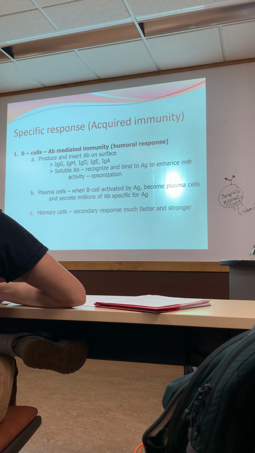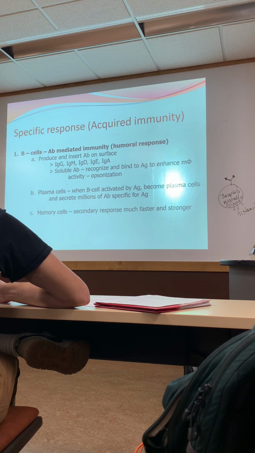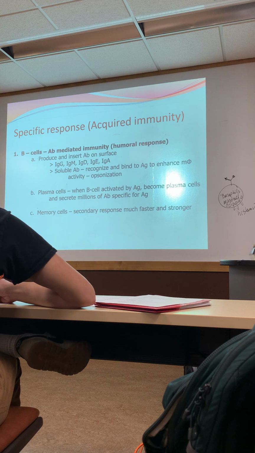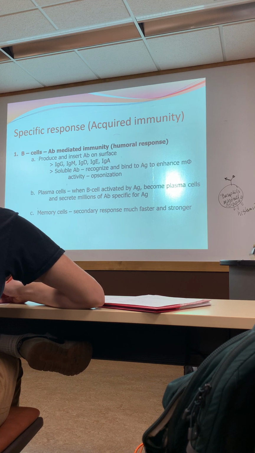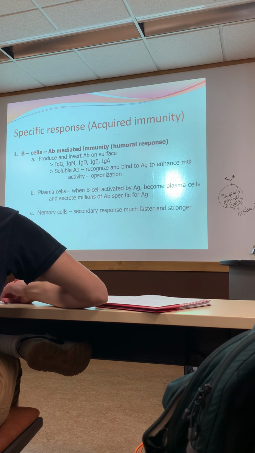It's kind of like the monocyte turns into the macrophage, right? Then he's phagocytic. The B cell turns into the plasma cell, and then the plasma cell makes the antibodies. Plasma cells secrete millions of antibodies. Millions. Like 2,000 per second, just spewing out antibodies.